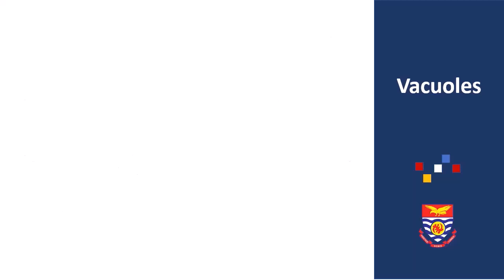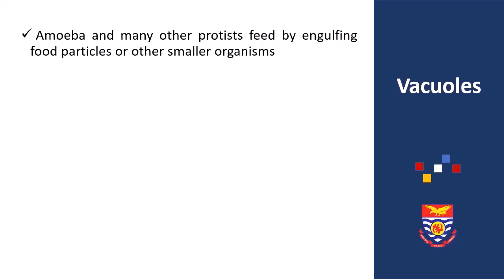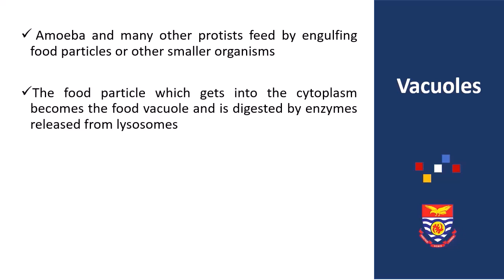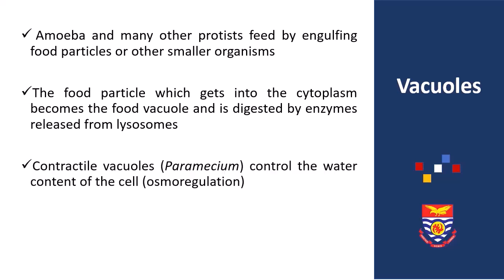The food vacuole is formed when amoeba and many other protists feed by engulfing food particles and other smaller organisms. The particle that is engulfed in the cytoplasm becomes a food vacuole, and it is digested by enzymes released by lysosomes.